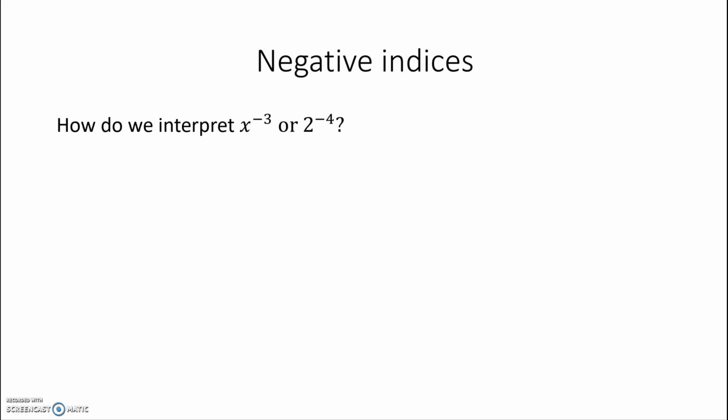So before we get into these two, let's look at something like x to the 4 over x to the 6. Now if we wrote that out in full, it would be x times x times x times x over x times x times x times x times x times x.